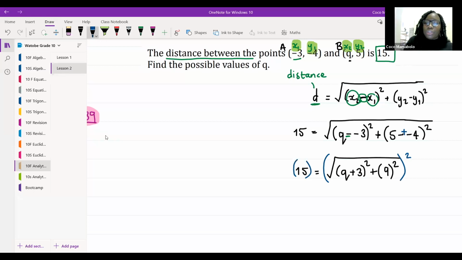Thank you. So we need to square the side as well. The square will take away the square root sign. The only thing we have left is what's on the inside. Now, what is 15 squared? Because 15 over here is squared. 15 squared will give us?